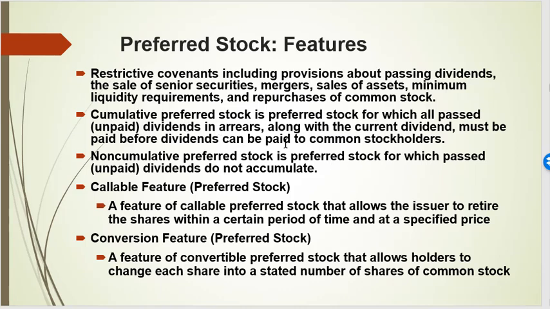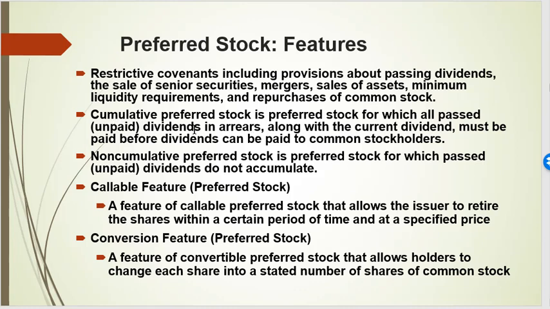One of the features is something called cumulative preferred stock. Now, as a rule, since common shareholders have a residual right, the dividends to preferred stock have to be paid before any common stock dividends are paid.